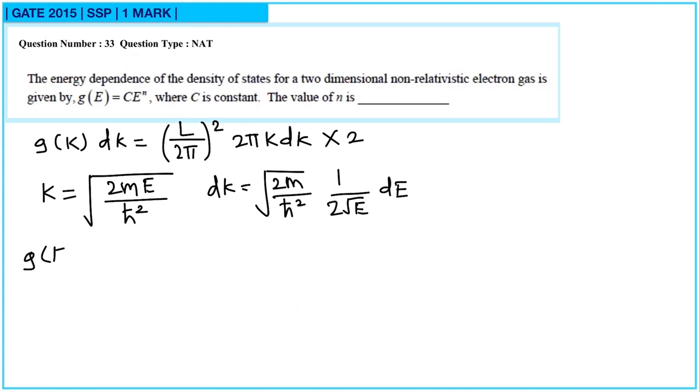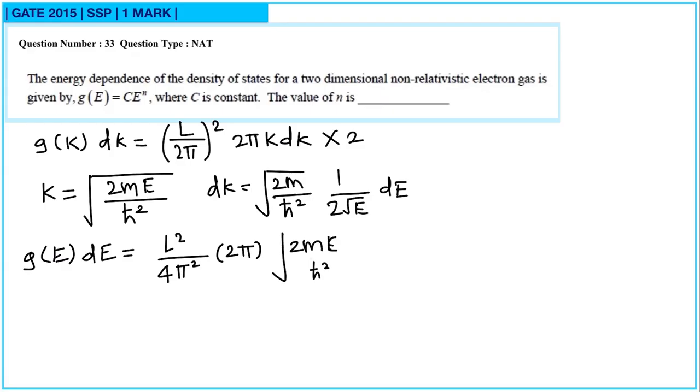Substituting this in the first equation, g(E) dE is equal to, this will be L square by 4 pi square into 2 pi into root of twice mE upon h cut square into dk, which is root of twice m upon h cut square into 1 upon 2 root E into dE into 2. This is the formula for g(E).